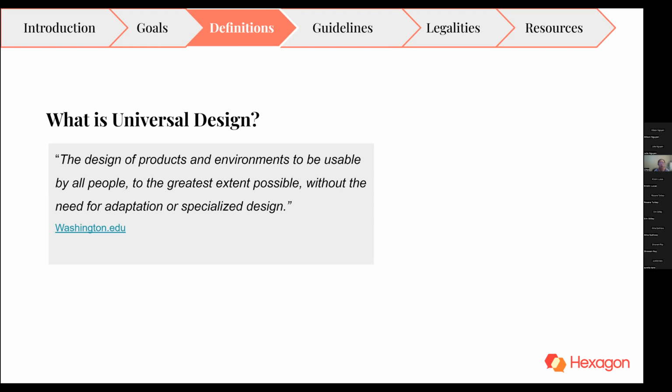It actually comes from architecture. If you want to learn about it, the story is very interesting. And I think the term was actually coined by Ronald Mace, an architect.